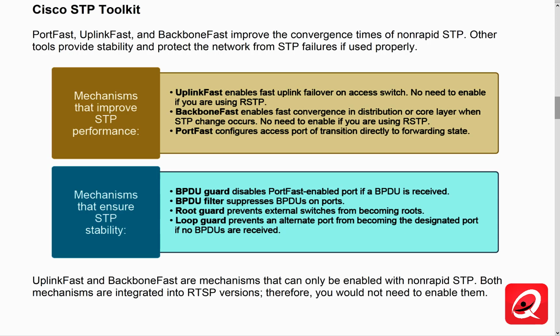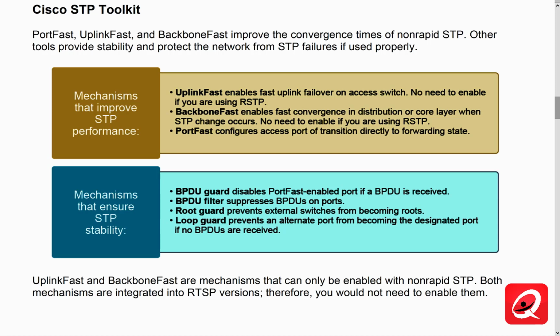Now, if I happen to receive a BPDU on that port, we lose our Portfast state and we start to go through the standard blocking, listening, learning process. So we're not disabling spanning tree on a port with Portfast, but we're saying, let's go ahead and bypass all those modes and put the port into a forwarding state so that we can start processing frames for the client, because the client technically shouldn't cause a loop in the topology. It's just a host, and it should be relatively safe to go ahead and enable that port immediately.